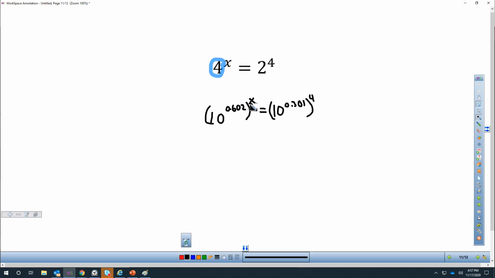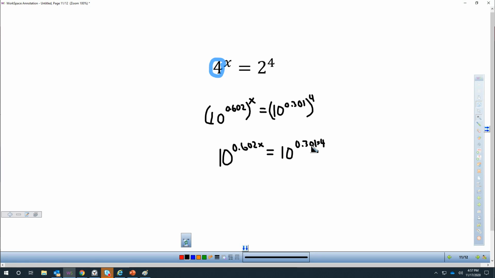And so now using my power rules, I can multiply these together, and I get that this side is 10 to the 0.602 times x, and this is equal to 10 to the 0.301 times 4. It's kind of tricky how we write that; make sure we remember that's a times sign and not a decimal.